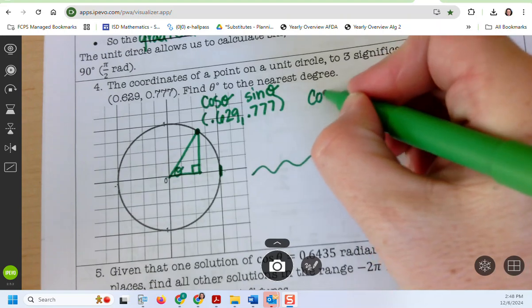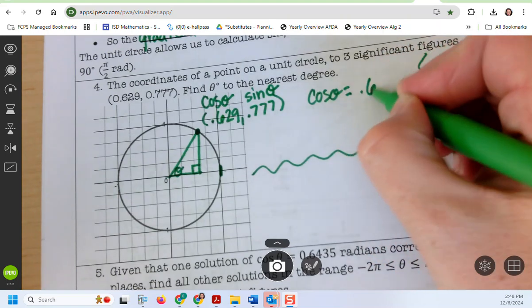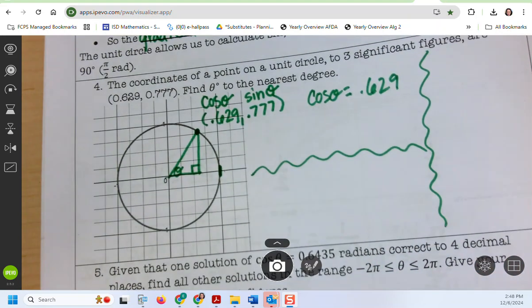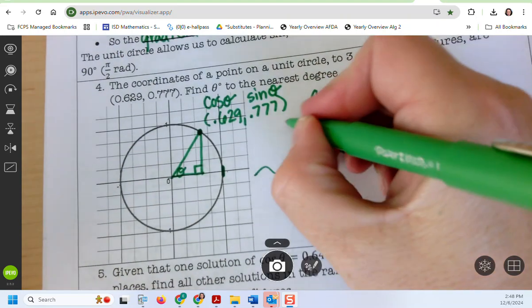So cosine theta is 0.629. How do you get rid of a cosine? What's the inverse of cosine? It's inverse cosine, right? The inverse of cosine is inverse cosine.